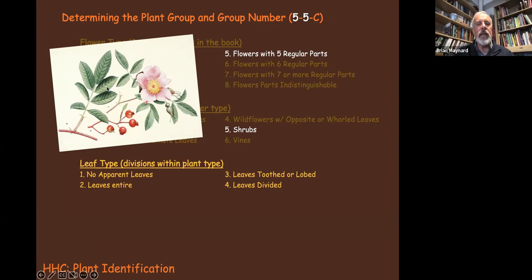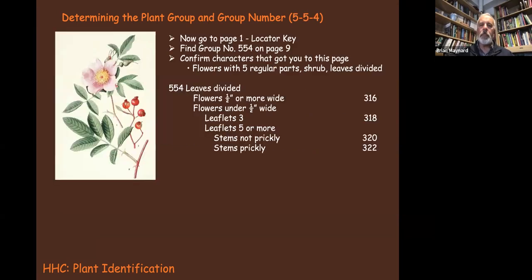These are each leaflets. So this leaf has 7 leaflets, but the entire leaf is the collection of all these leaflets attached to this petiole and then attached to this stem at a node. So in this case, the leaves are divided. So this is underline number 4. So our code for this plant is 554.